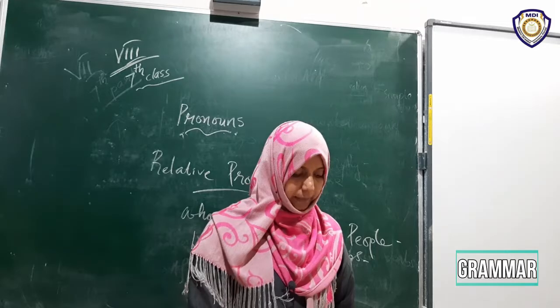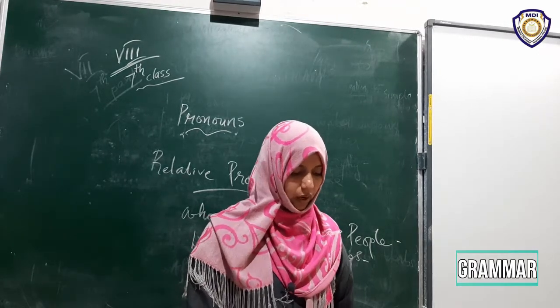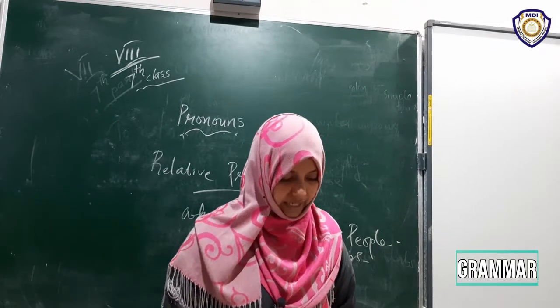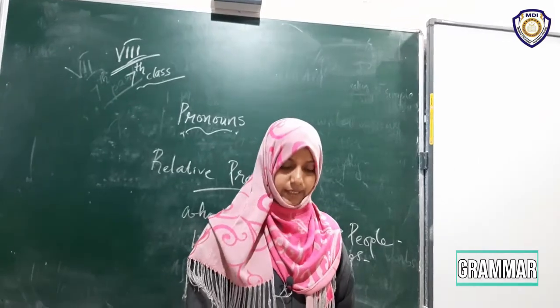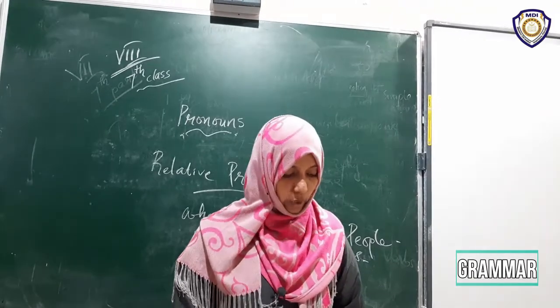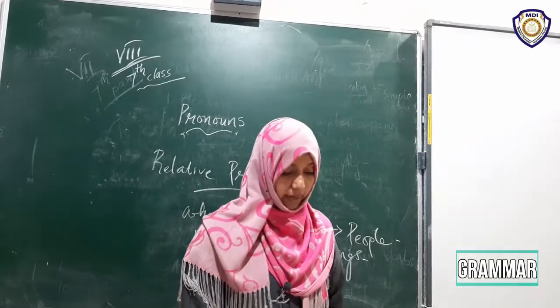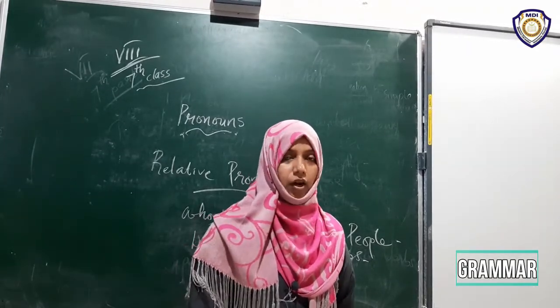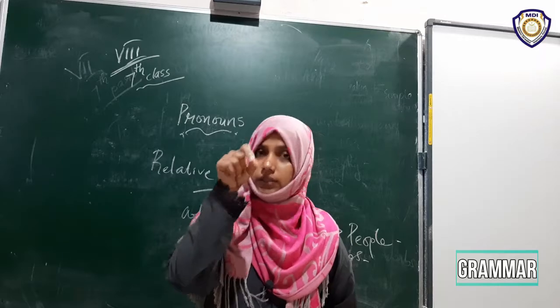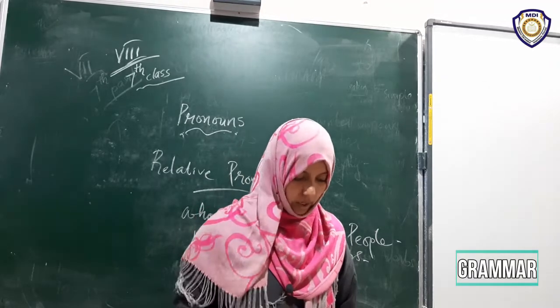Sixth one, Manisha's brother is a lawyer. He is wearing a black coat. Manisha's brother, comma, who is wearing a black coat, comma, is a lawyer.